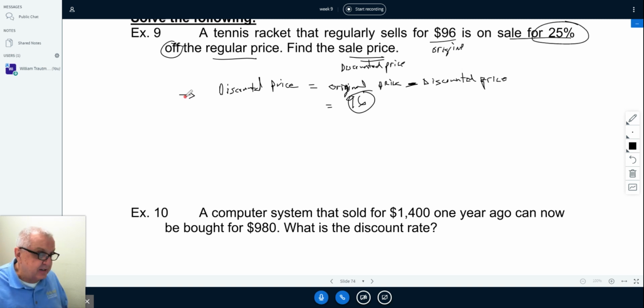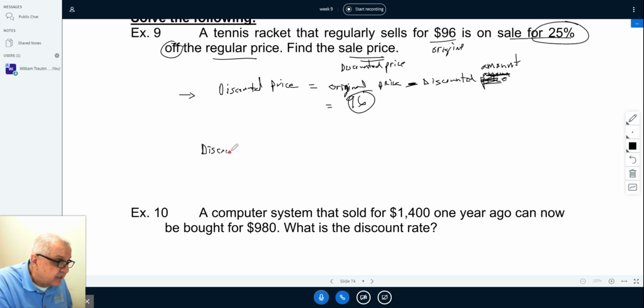You see, the discounted price is the original minus the discount amount. And there's a formula for discount amount.